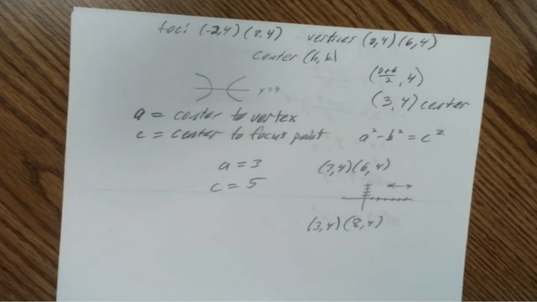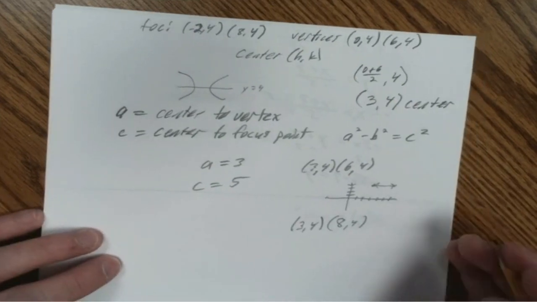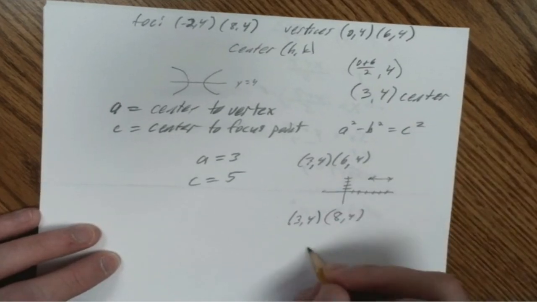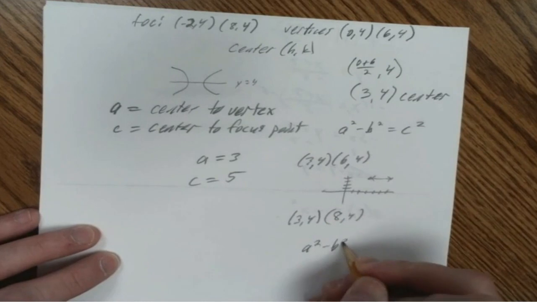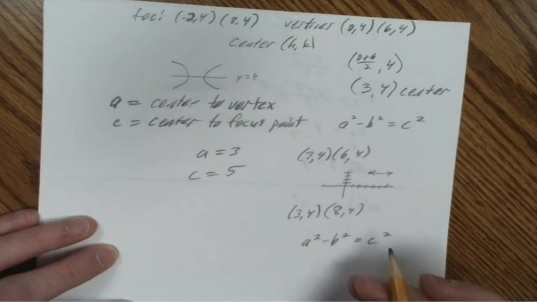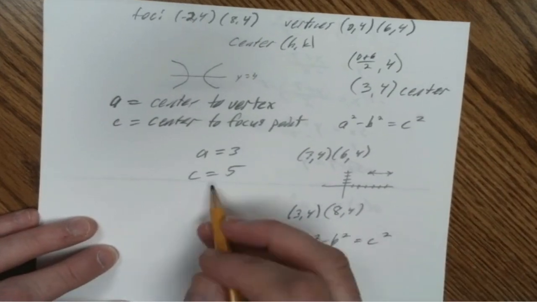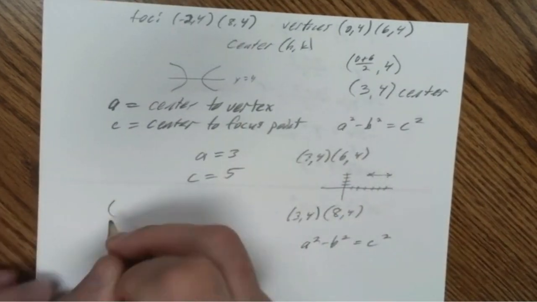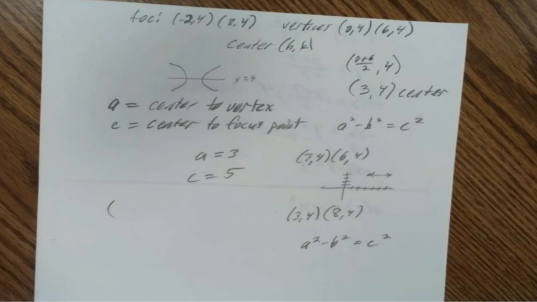So let's see. If we know that C is 5 and A is 3, we know that a squared minus b squared equals c squared. But we need to know what b is, or b squared, really, because our equation is going to be, if you remember, the x minus h.